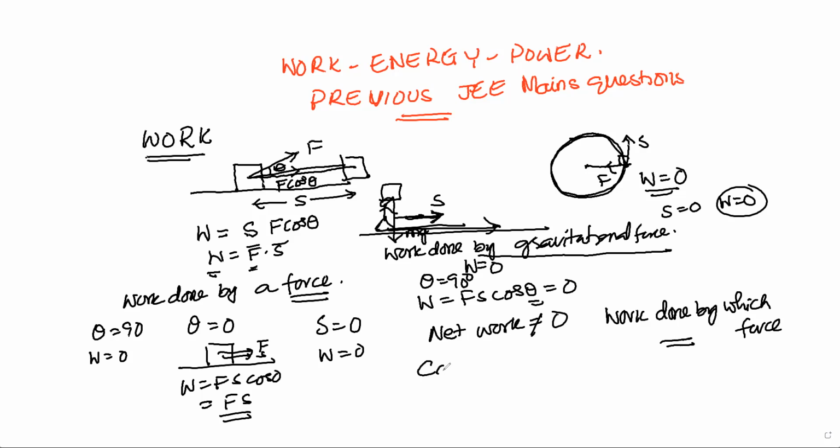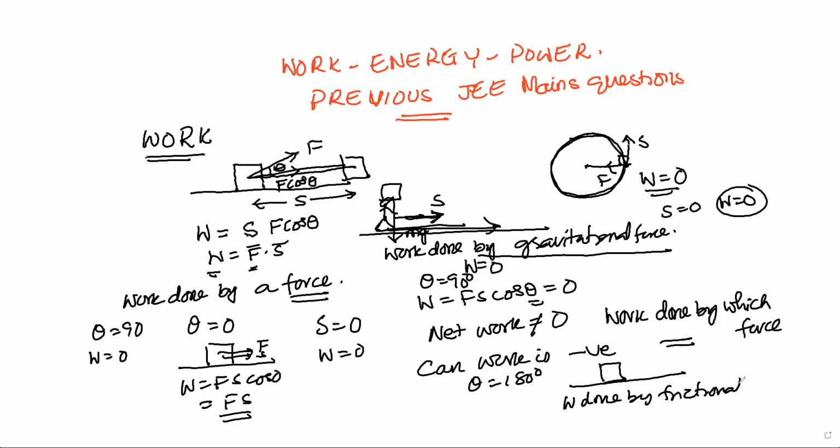Similarly, can work be negative? Yes, it is possible if theta equals 180. That is, if the applied force and displacement are opposite to each other. For example, take the work done by the frictional force.